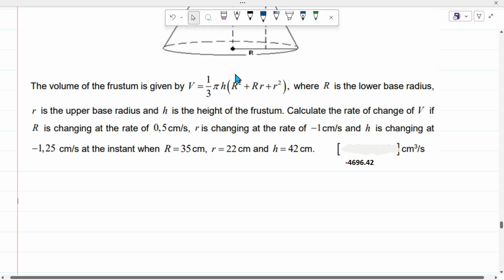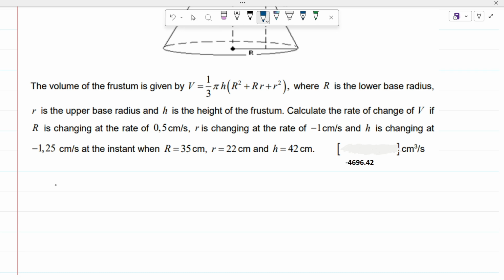Let me decide, should we multiply out or not? Let's keep it like this. It's fine. Let's just differentiate partially from this given equation. Even if we don't multiply out, it's still going to give us the same thing.